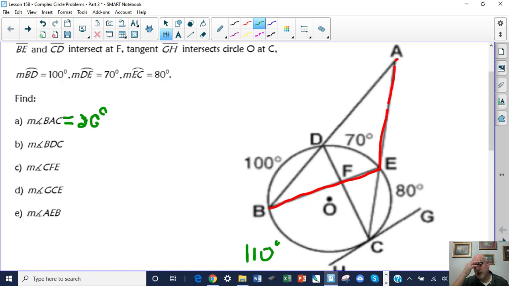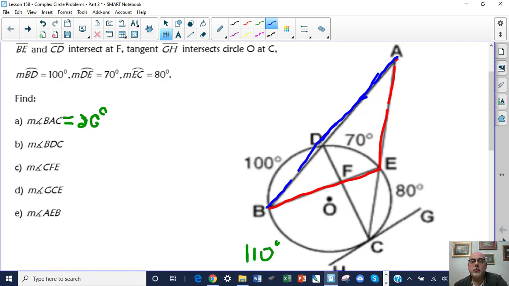So now you've got to say to yourself, self, what can I do? Let's take a look at this. If we look at this, it's a triangle, is it not? Triangle ABE.